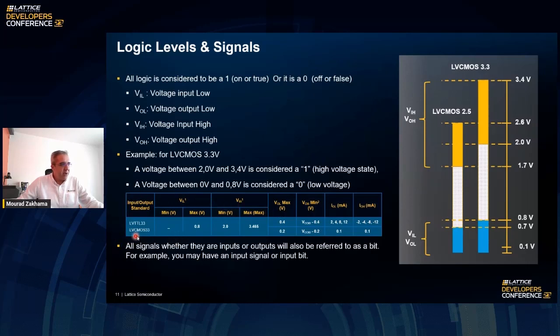You can see for LVCMOS 3.3, these are the voltages that need to be satisfied in order for the signal to be recognized. Anything in between is in the gray area, and we cannot guarantee that it is recognized as a 0 or as a 1. This is obviously compliant to the industry standard. So LVCMOS is defined and we comply to that standard.